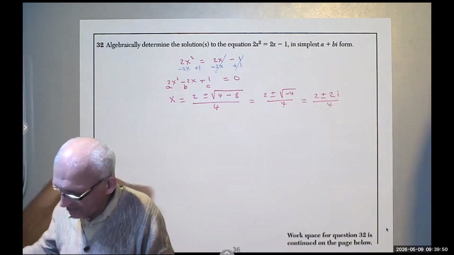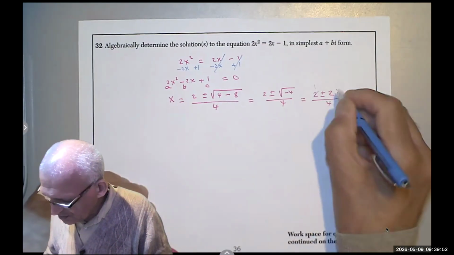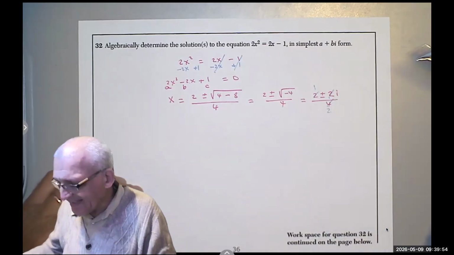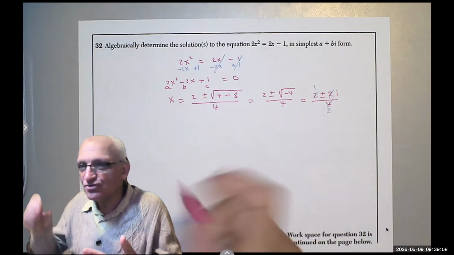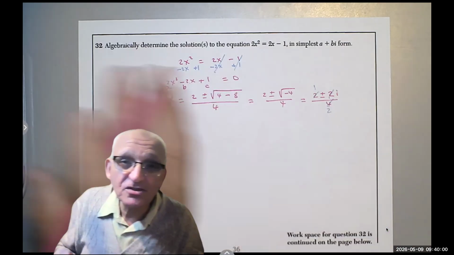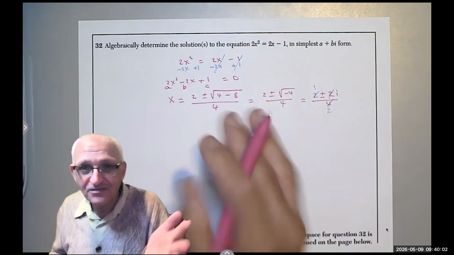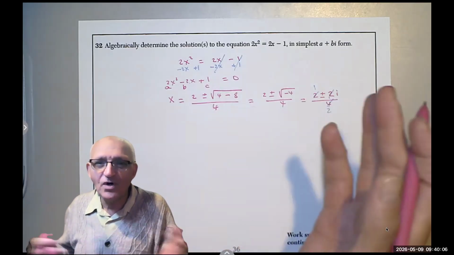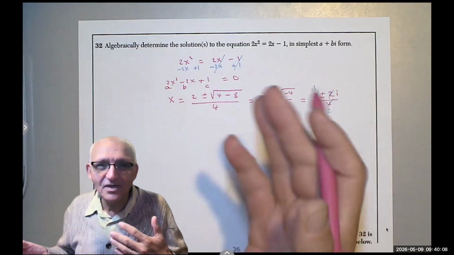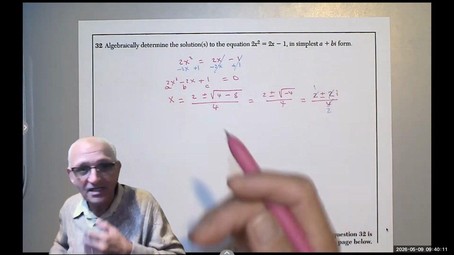I can simplify top and bottom by 2. I've seen people, when you have like 2x and you divide by 2, write 1x, which is not incorrect, it's fine, but when do we say 1x or 1y or 1a, or 1 times any variable?